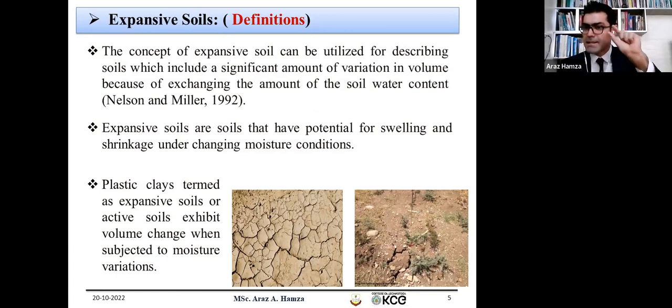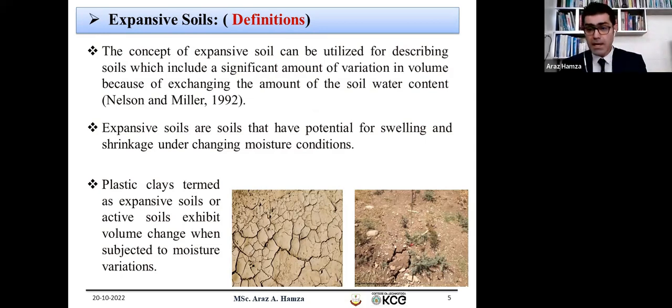This is the mechanism of swelling. We should say this type of soil has a tendency to volume change. Volume change is the main phenomenon in the expansive soil. The reason behind this volume change is water content, moisture content. That is all about the expansive soil.